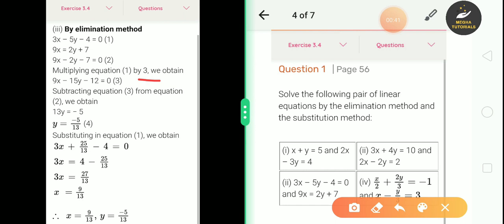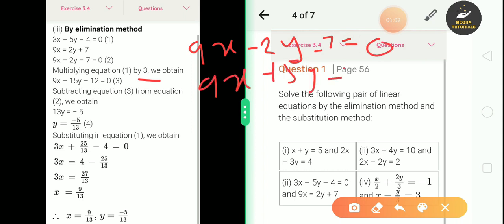Now the sign of both variables is the same, therefore we will perform subtraction. So subtract equation 3 from equation 2. Equation 2 is 9x minus 2y minus 7 is equal to 0, and equation 3 is 9x minus 15y minus 12 is equal to 0. Then change sign, minus minus plus.